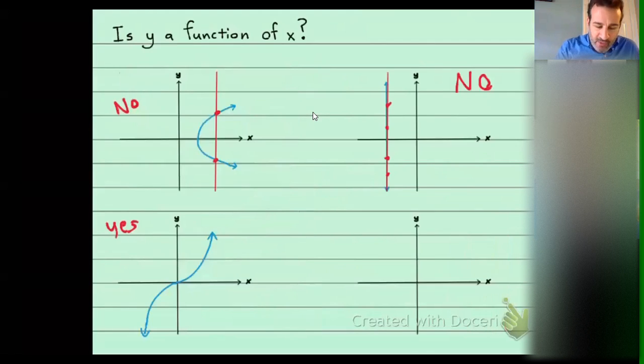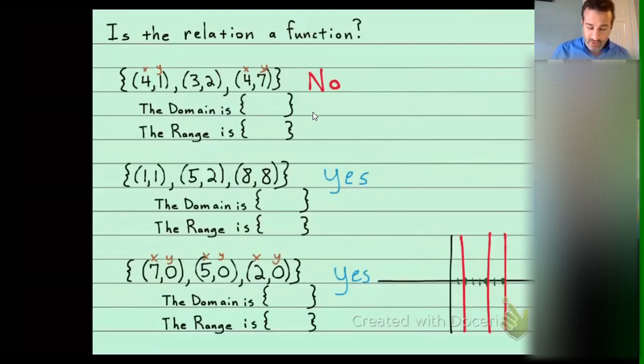So if I went back here and I was looking for domain and range, the domain is all of the x values that have a graph, and the range is all the y values that have a graph. So when you look at this one, the domain is going to be 4, 3. We don't need to put the 4 twice because it's already included. And the range is going to be 1, 2, 7.